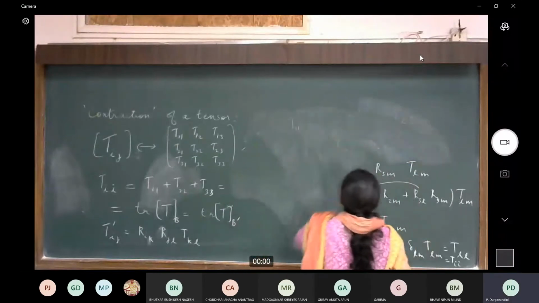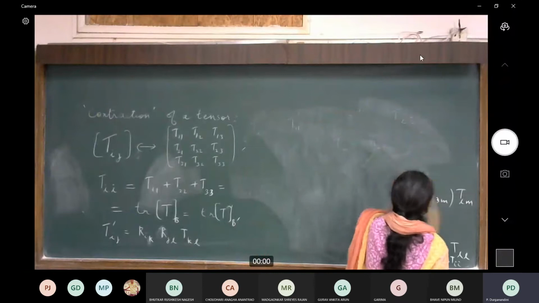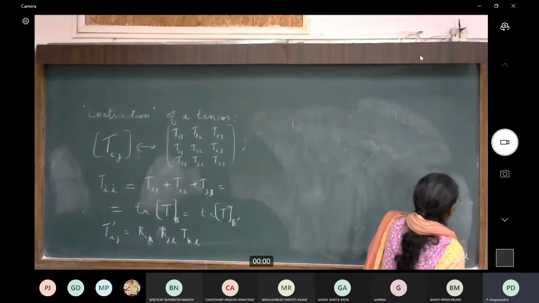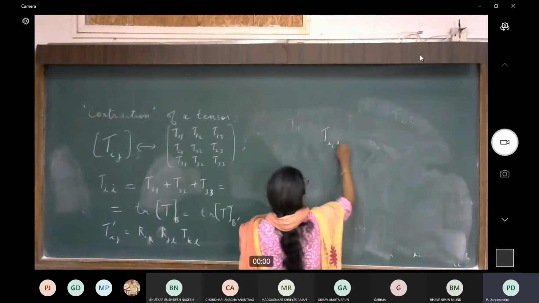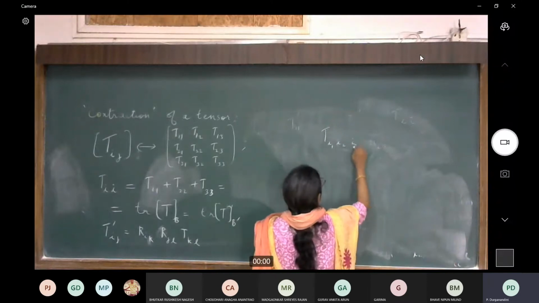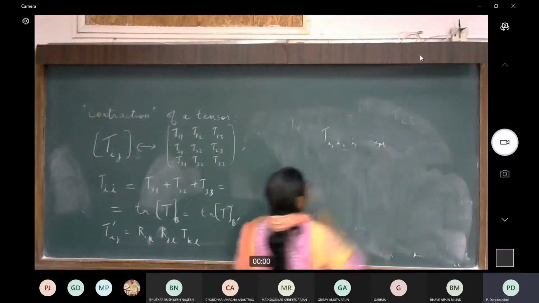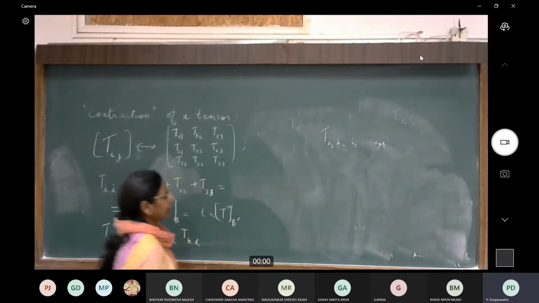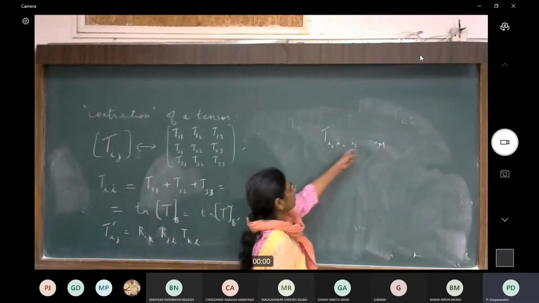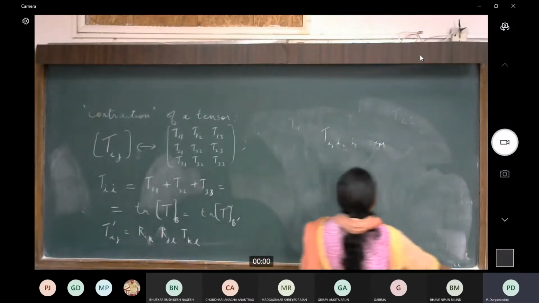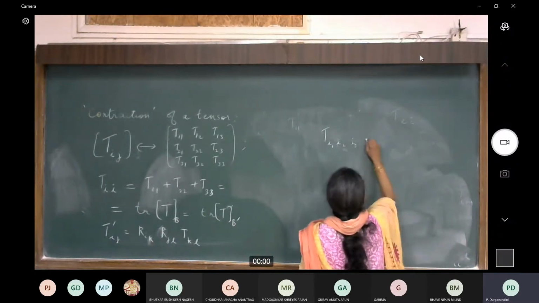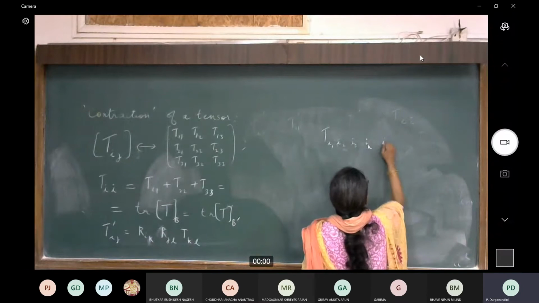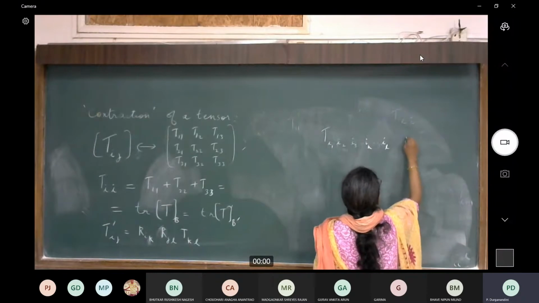So now I can generalize this to any higher order tensor in the following way. Suppose I have T_i1 i2 i3 ... in. So this is a tensor of rank n. And now what I will do is contract two indices, so let's say I have T_i1 ... ik, il ... in.